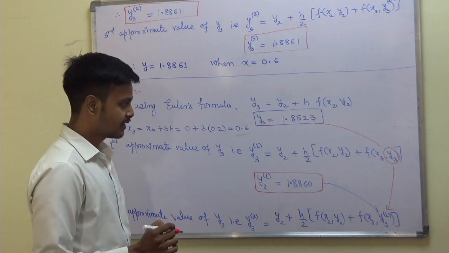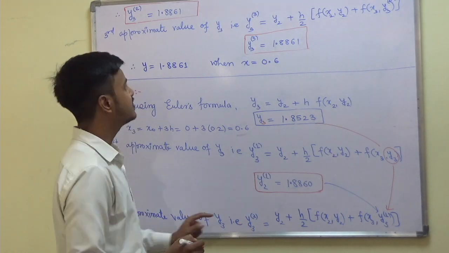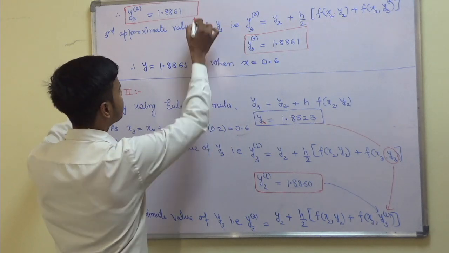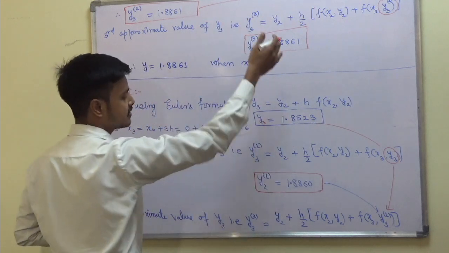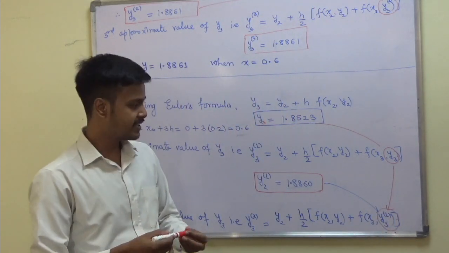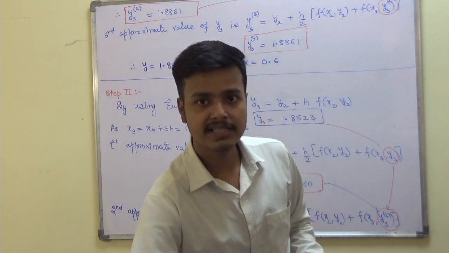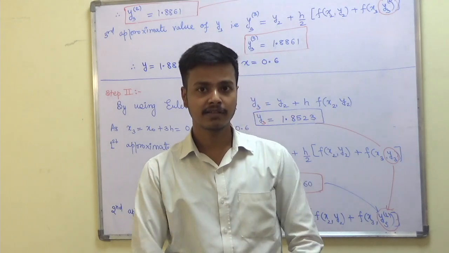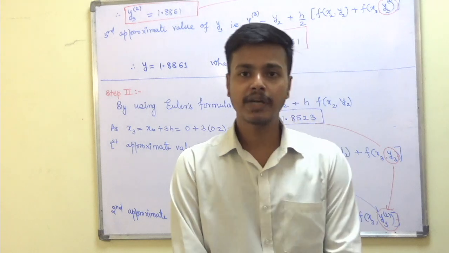Rest is as it is. Right hand side stays, left hand side will change. Only the change of this term is there, the formula is as it is. Okay, so I hope this is making sense, and you can solve problems based on this very important topic.